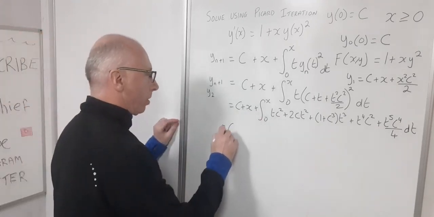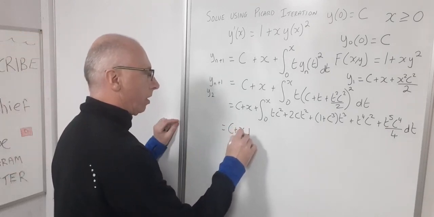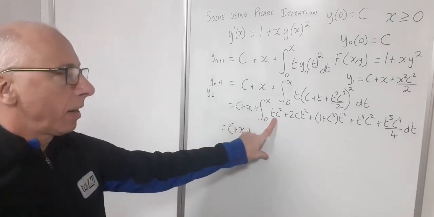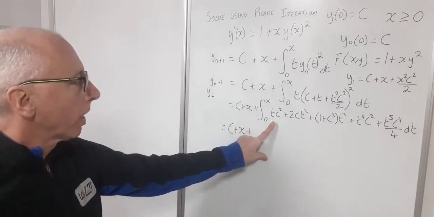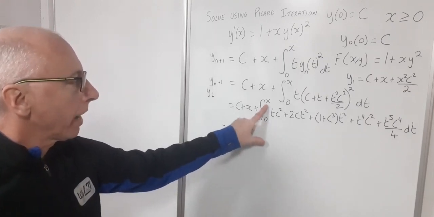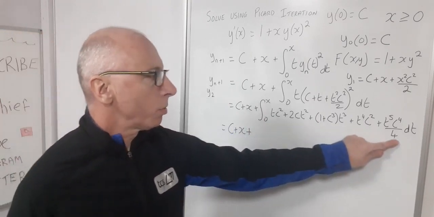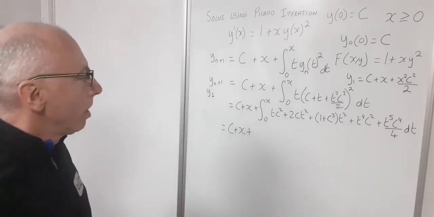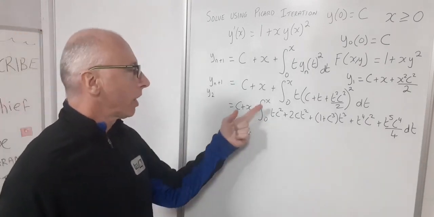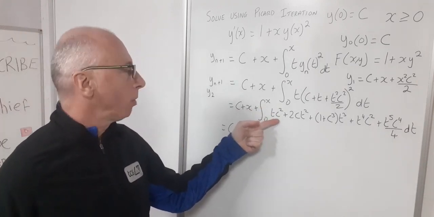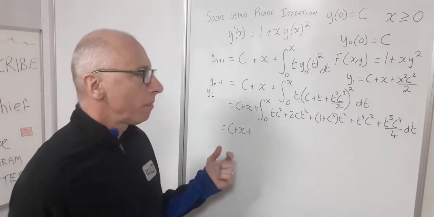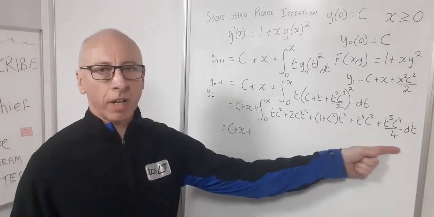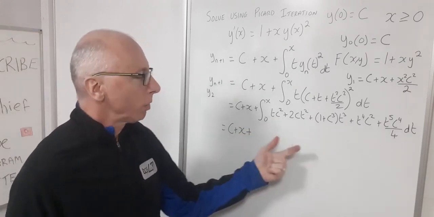So that equals c plus x plus, now just to be clear, when we integrate and we calculate it over the parameter from 0 to x, all of these terms will disappear at 0. So the answer to my integral, I can just plug in an x for my t when I've integrated. So I'm going to go straight into that rather than mess around trying to subtract all these multiplied by 0, which will just disappear.